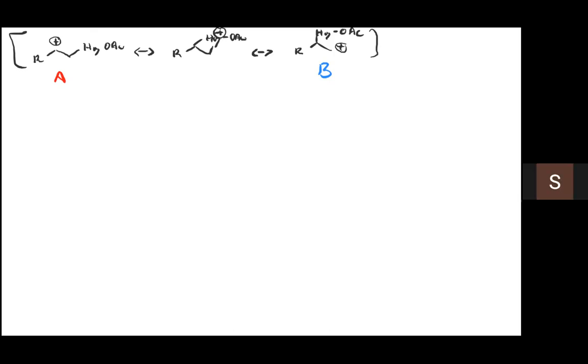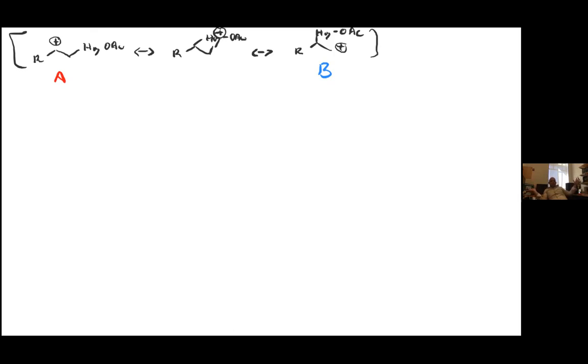Is it A? A, correct. Why? It's a secondary carbocation versus B, which would be a primary carbocation, which is less stable. Excellent. Perfect. Sydney said it.